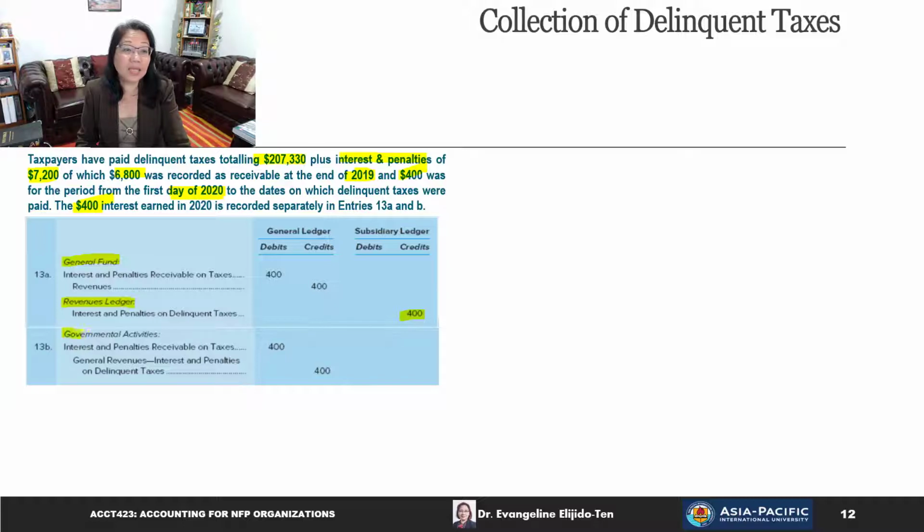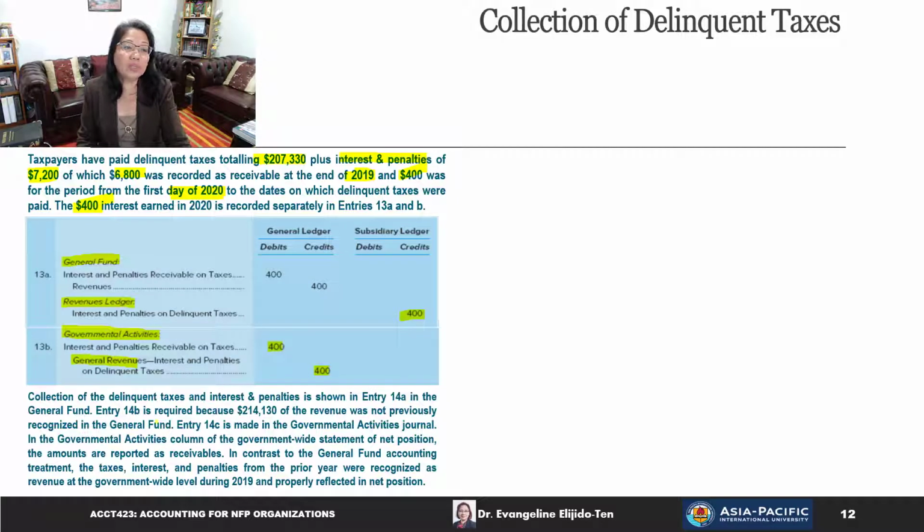How about at the governmental activities level? We will debit the same interest and penalties receivable on taxes, $400, and will credit general revenues, interest, and penalties on delinquent taxes for the same amount.